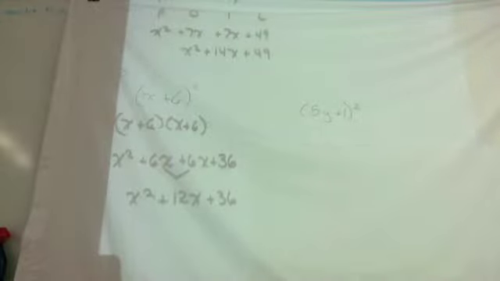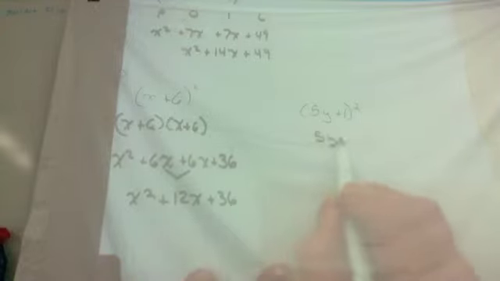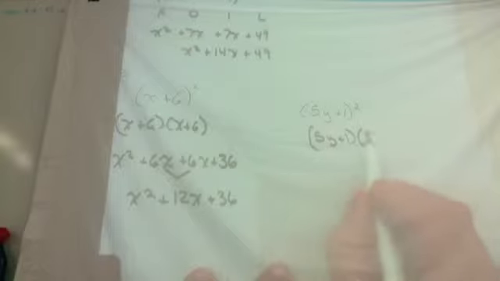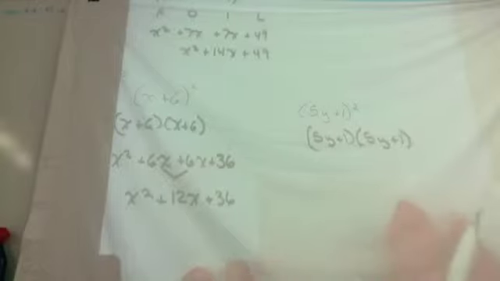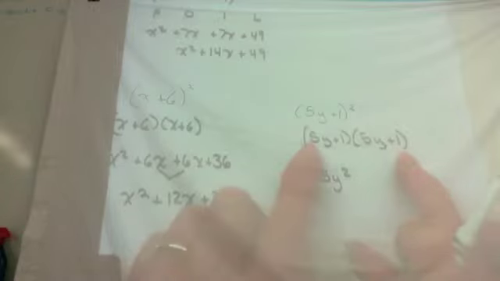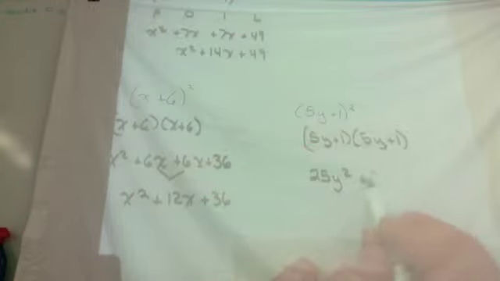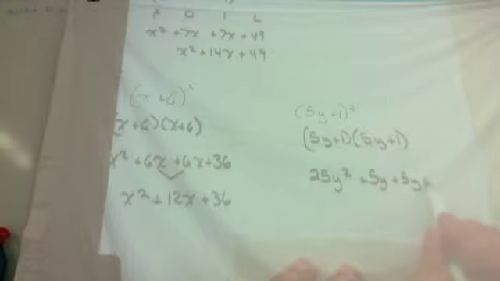5y plus 1 squared. You can pause this. All right. So if you have 5y plus 1 times the quantity of 5y plus 1, I'm going to multiply the first terms together, and that's 25y squared, and then the outer terms together is plus 5y, the inner terms together is plus another 5y, and 1 times 1 is 1.